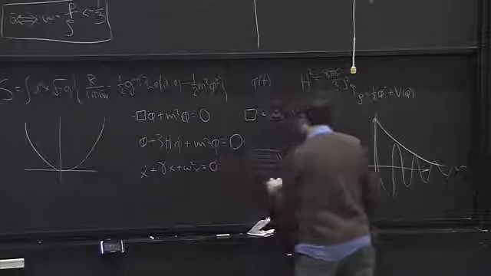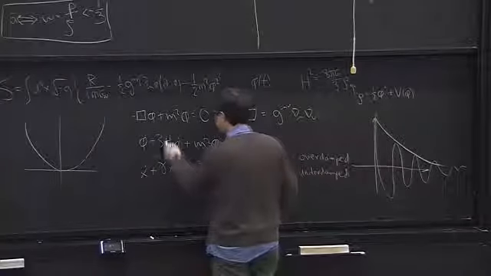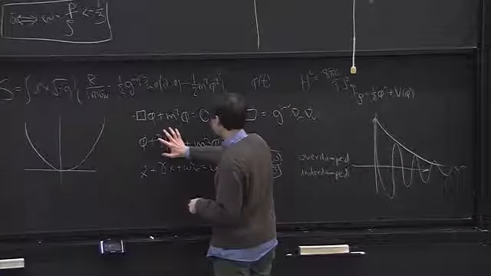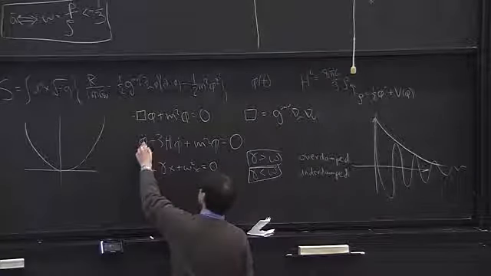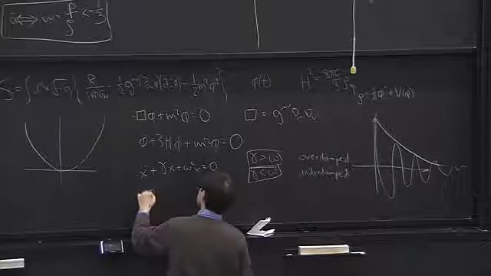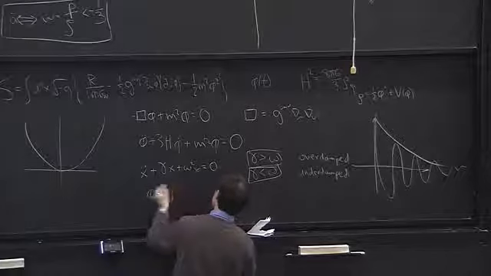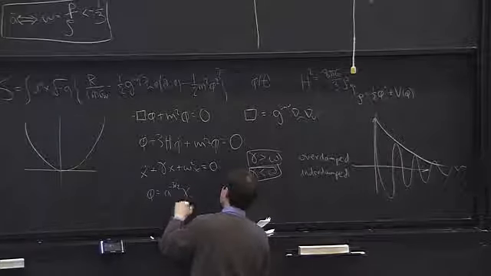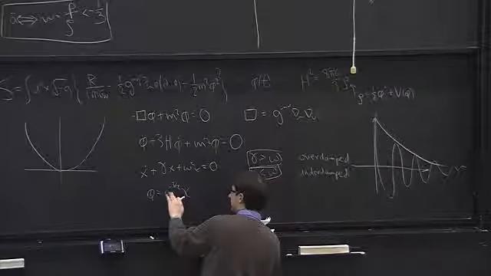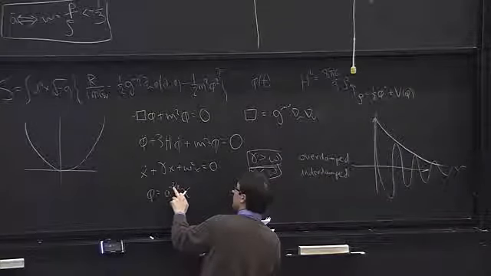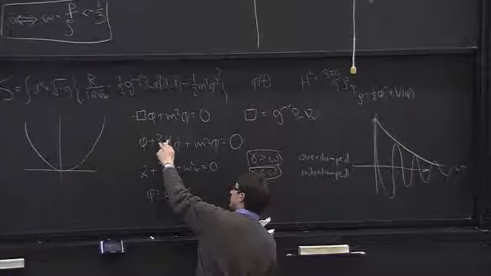Eventually, H gets low enough that you get into this underdamped regime, at which point this term becomes not so important. In fact, you can do a nice change of variables to remove it. If you change variables from phi to a to the minus 3/2 chi, a new field variable chi where I've just pulled out a factor of a to the minus 3/2, that exponent is chosen exactly because of this 3.